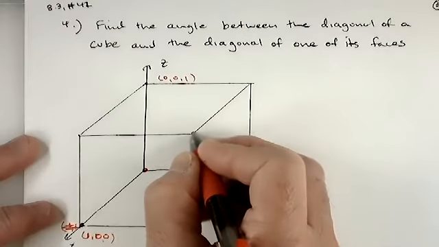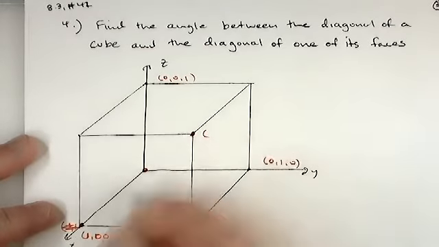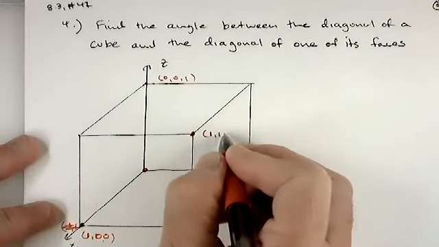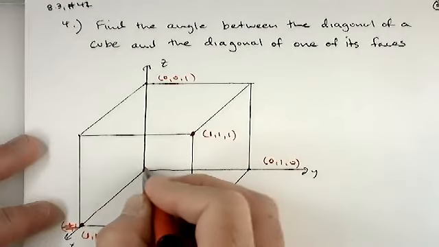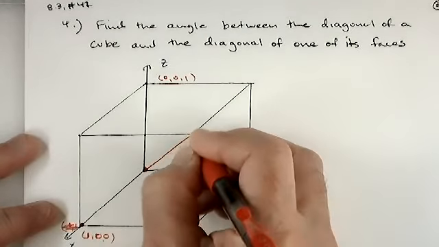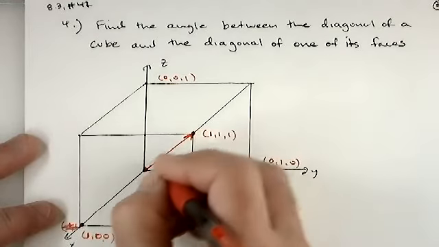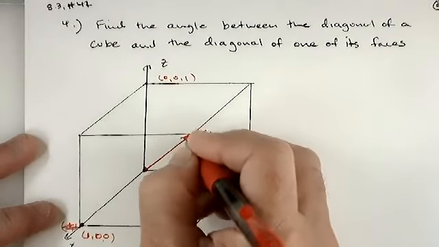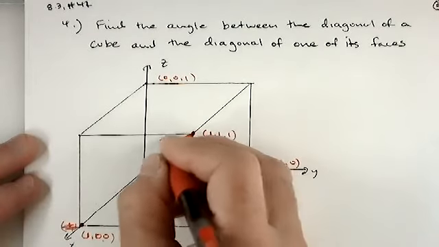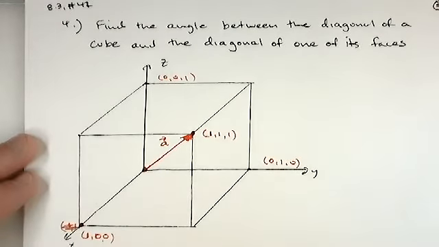This point right here would have the coordinates 1, 1, 1. If I drew a vector from the origin to this point, that would be called a diagonal of the cube. Let's call this vector A. We'll come up with a formula for that in a second.